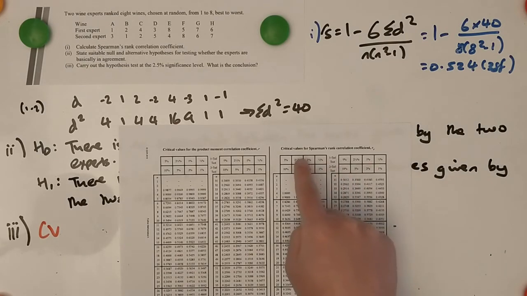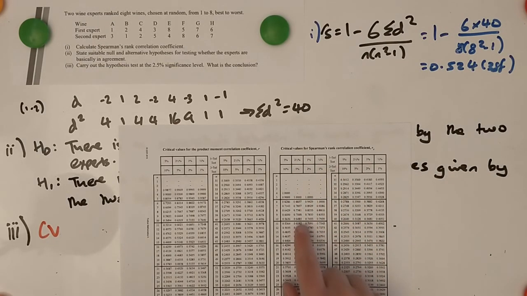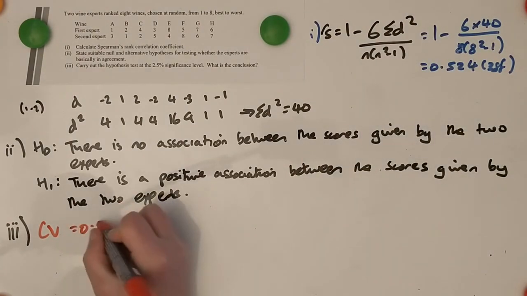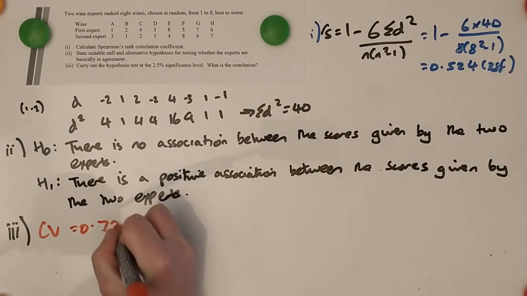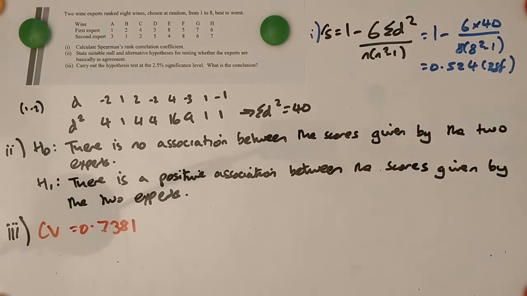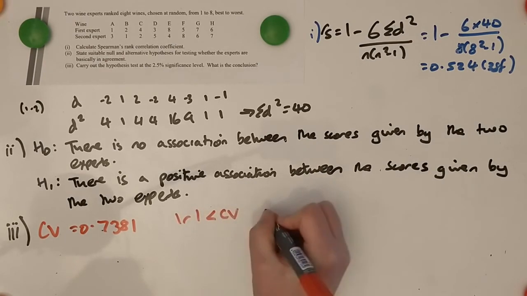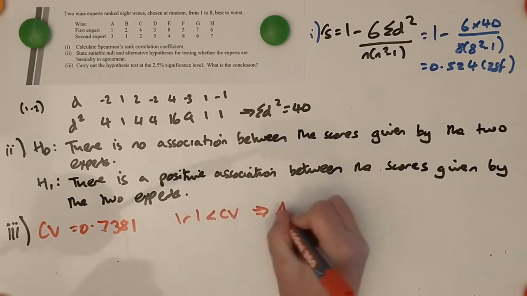So 2.5% one-tailed, n equals 8, I've got my critical value being 0.7381. Now my value of rs is 0.524, so that's not big enough. My value of rs is less than my critical value, so that means I am accepting H0.